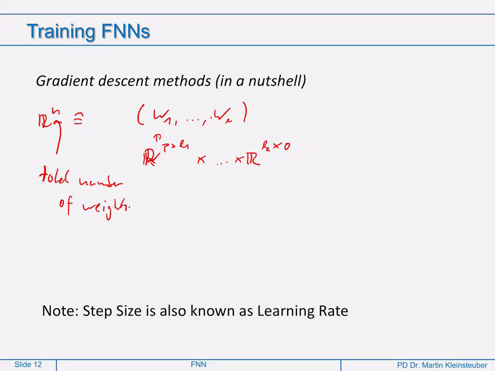Oh yeah, and this is something I always forget, so this is why I have written it here. This step size for the gradient method in machine learning is also known as the learning rate. So this step size alpha is also known as the learning rate. There is a whole bunch of literature and ideas, hints and tricks, on how to choose an alpha.